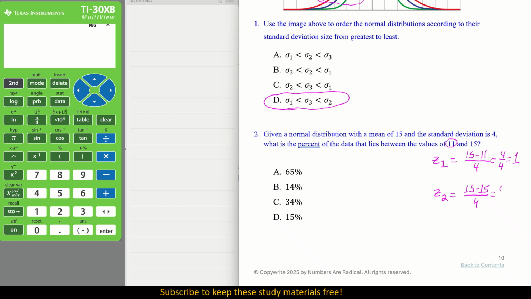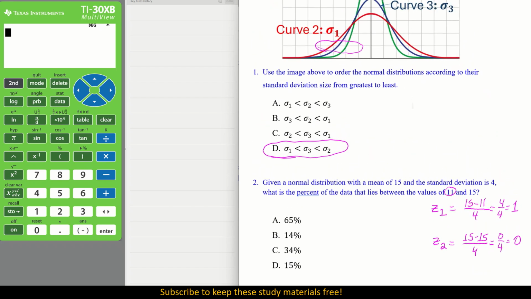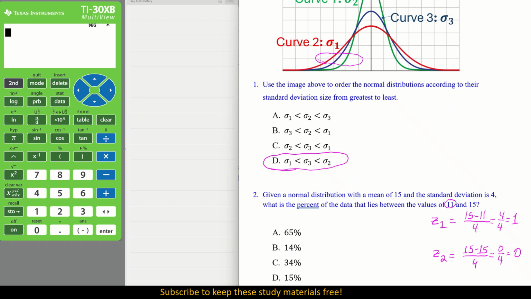For z sub 2, that's 0 over 4, which is 0. So what is this telling us? We can use the image up here to look at it. With the mean being 15, we would have 15 right here at our 0 z-score, and then we have a 1 here.